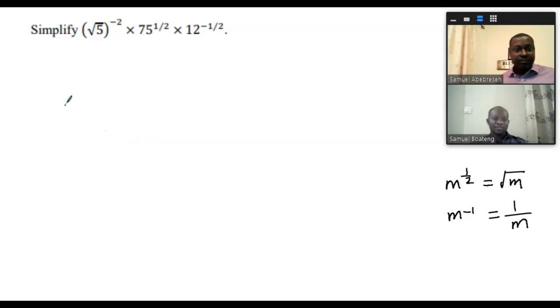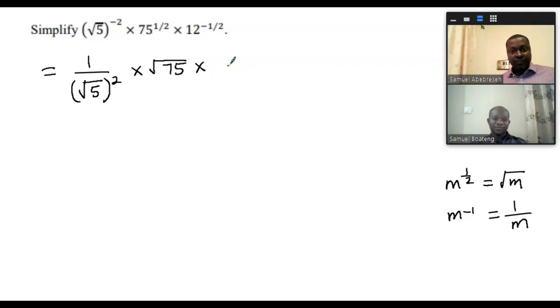So this is equal to, we can rewrite this one as 1 on the bracket root 5 all squared, times square root of 75, times 1 on square root of 12.